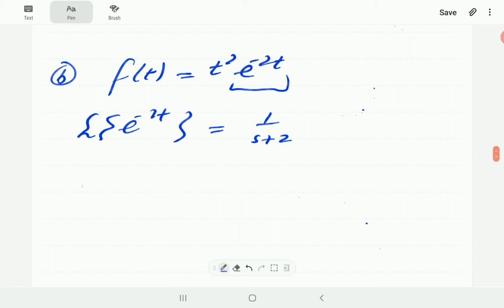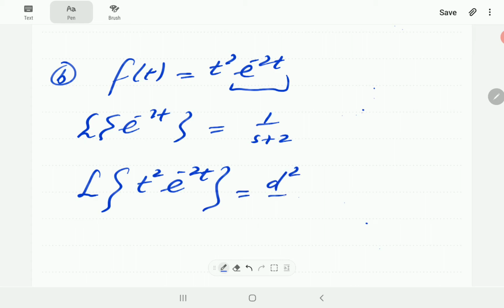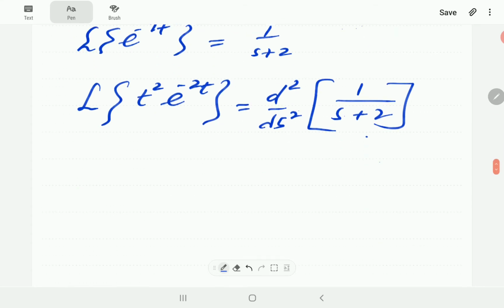So maybe we should use different notation, but according to that formula, the Laplace transform of t squared e to the minus 2t is going to be the second order derivative of the Laplace transform of this one, which is 1 over s plus 2.